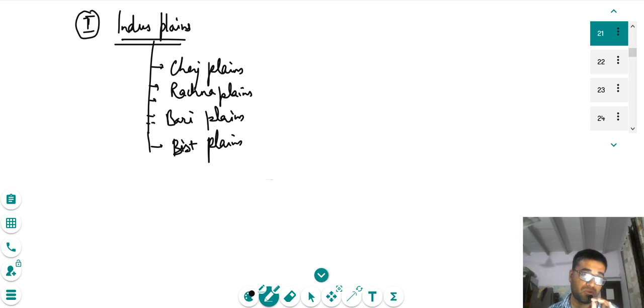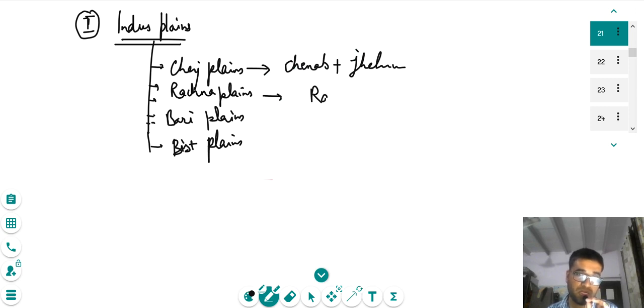These Chaj Plains are formed by the river Chenab and Jhelum. Rachna Plains are formed by the Ravi river and the Chenab river.